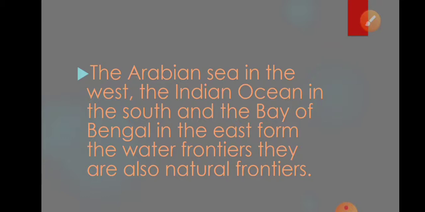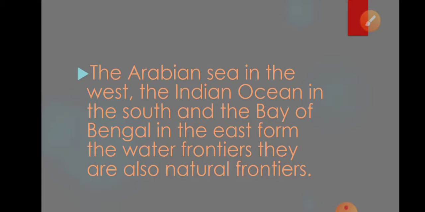Along with this, we saw the meaning of the prime meridian and meridian. We also saw that geographically India is located in both the northern hemisphere and the eastern hemisphere.